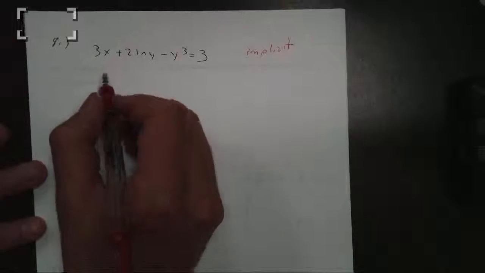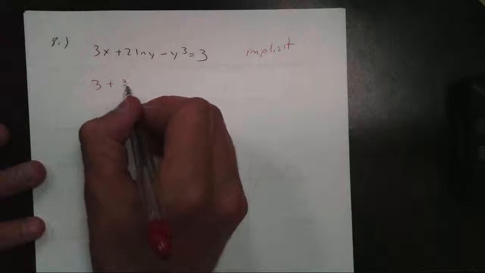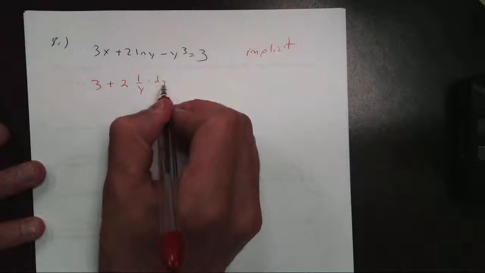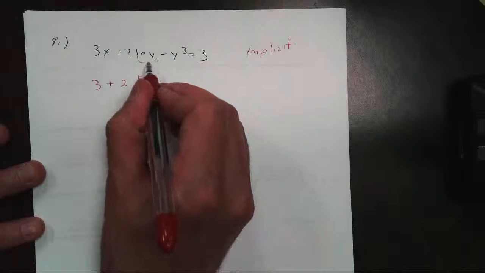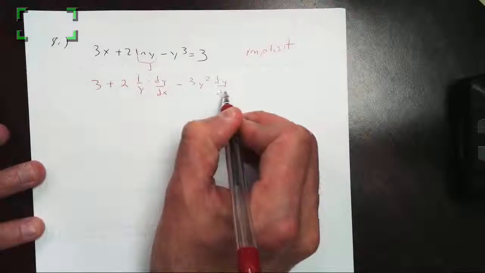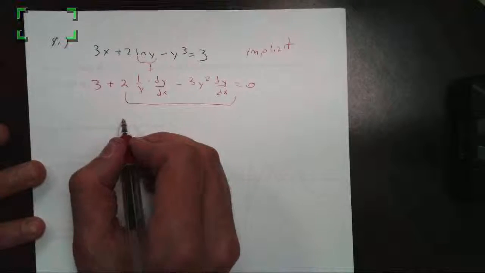When we take the derivative, we get 3 plus, be careful, this becomes 2 times 1 over y dy dx. That's what this part becomes. Minus 3y squared dy dx, and don't forget that's 0. Any other time, remember I said, anything with the dy dx stays.